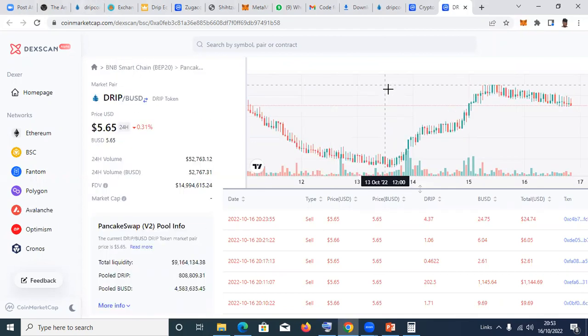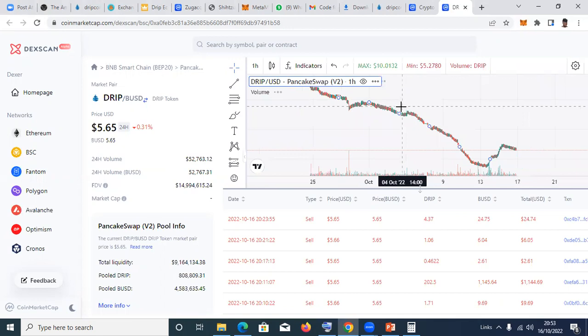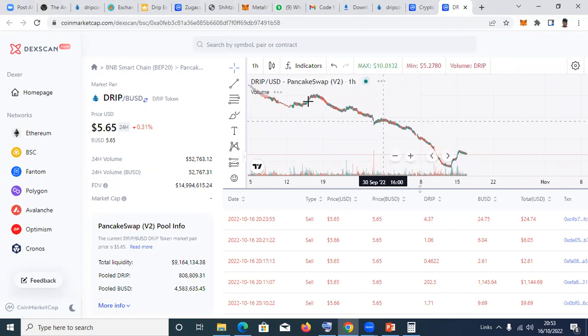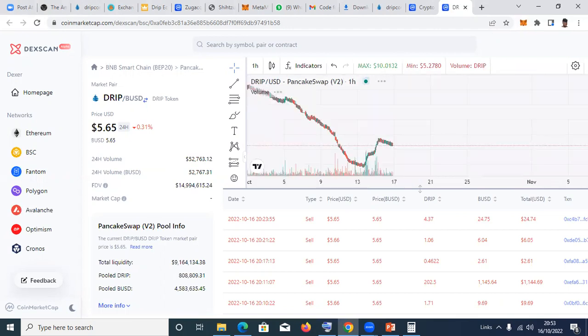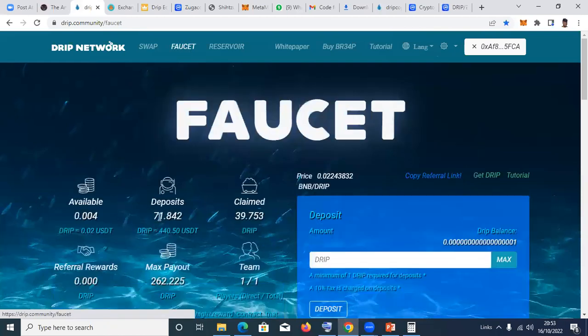But what I want you to understand here is that this particular coin at a particular point in time was $180 per drip. Now, currently in the bear market, you are accumulating.